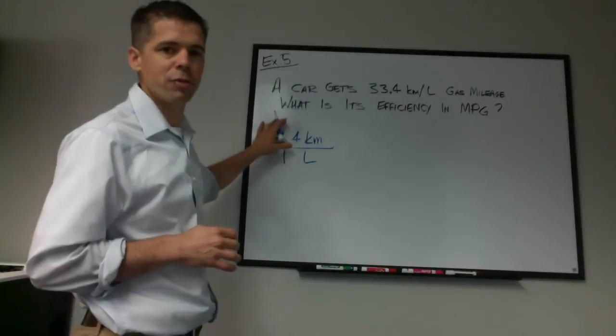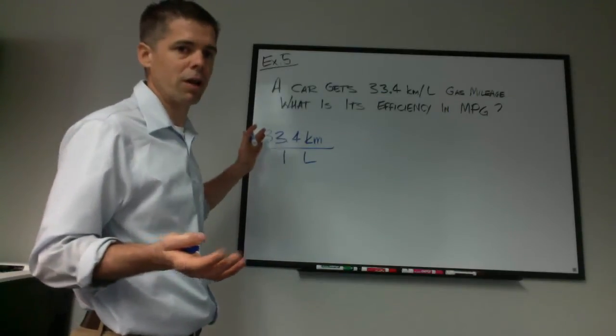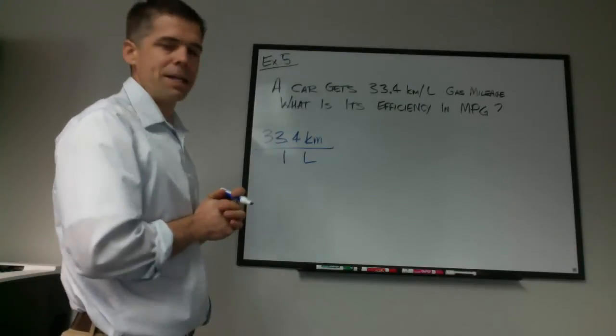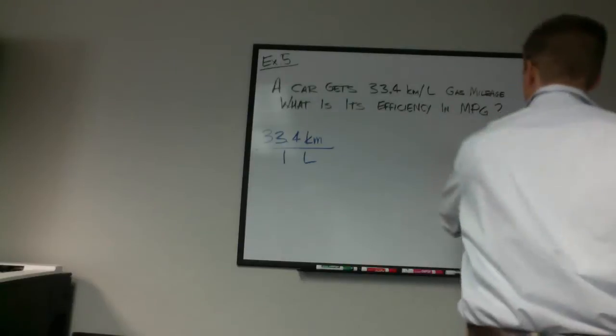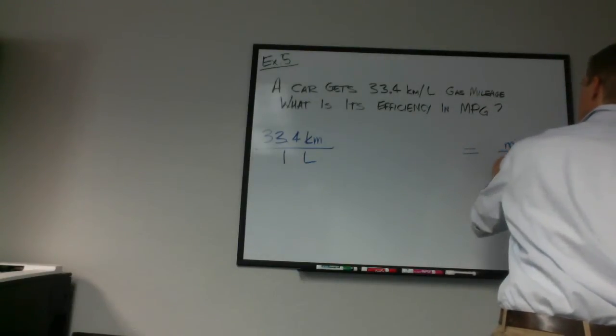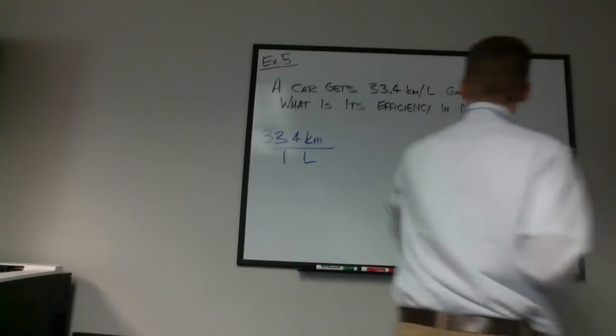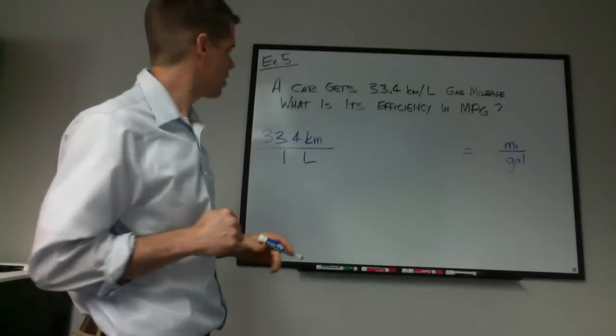I write 33.4 kilometers for every 1 liter. Now, I've got to eventually turn this into miles per gallon.